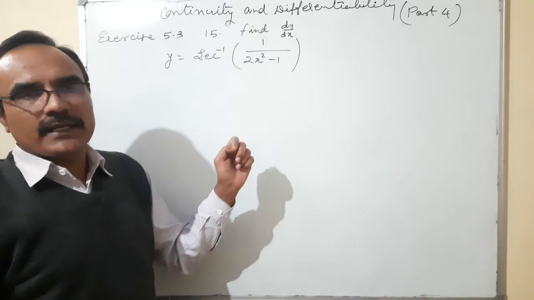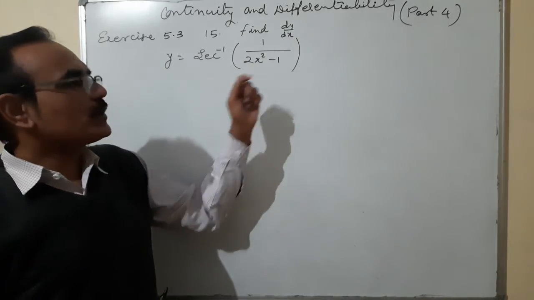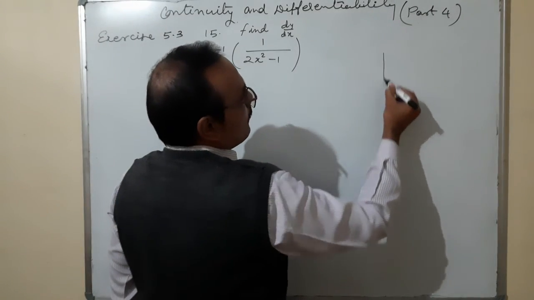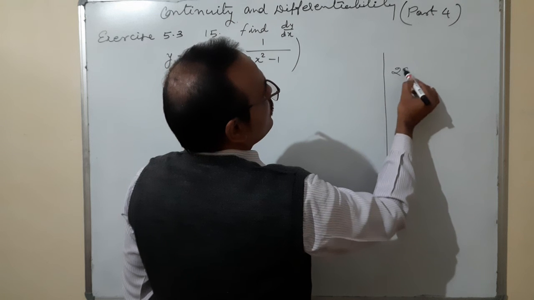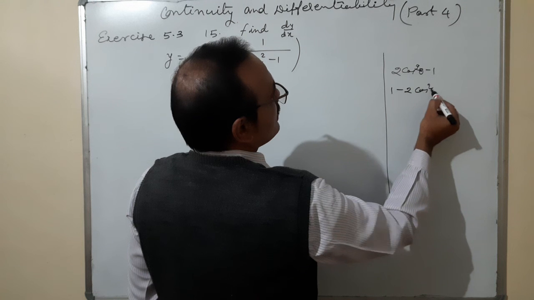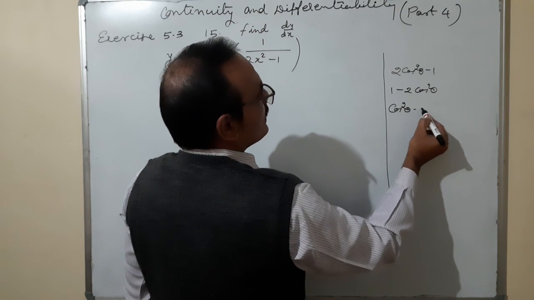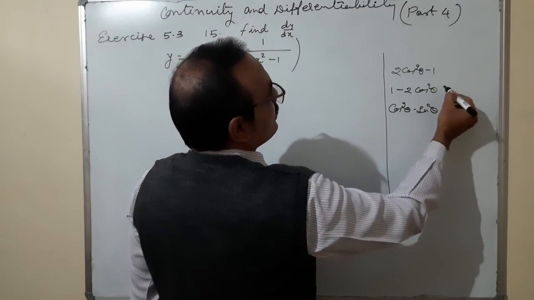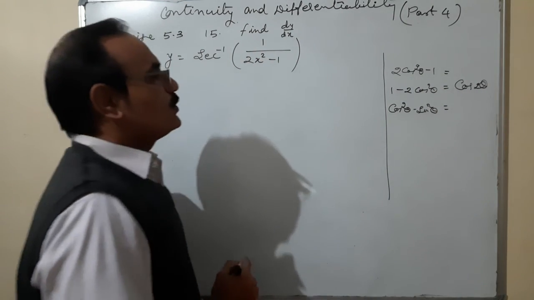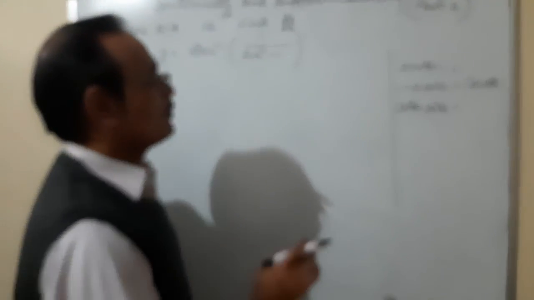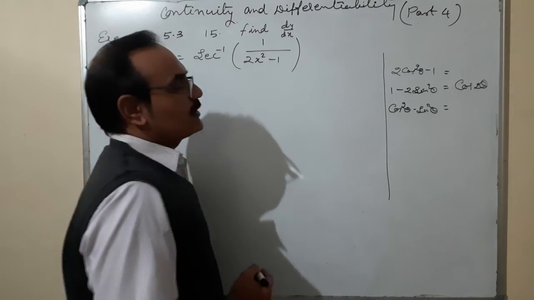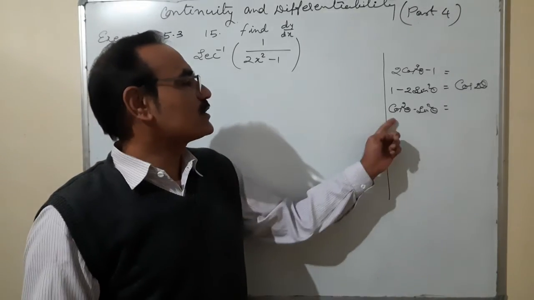Now here what should be taken in place of x? Sin theta, cos theta, tan theta. You can see 2x square minus 1. You know that there are 3 formulae for the cos. One is 2 cos square theta minus 1, 1 minus 2 sin square theta, and cos square theta minus sin square theta.